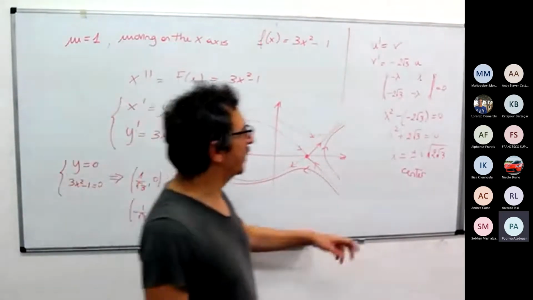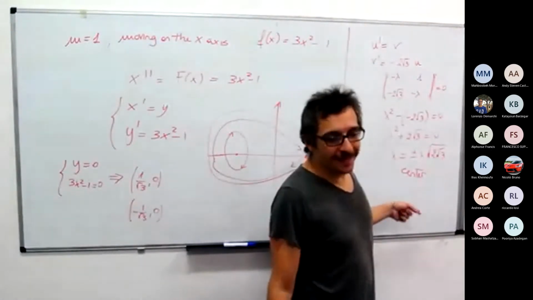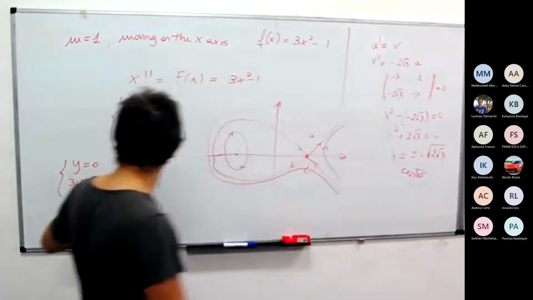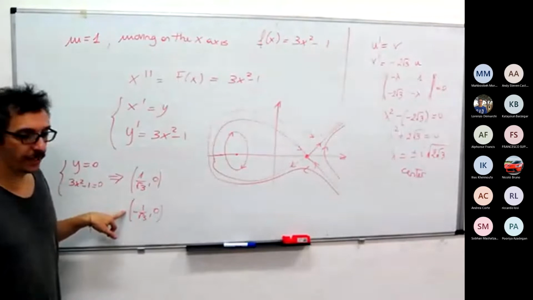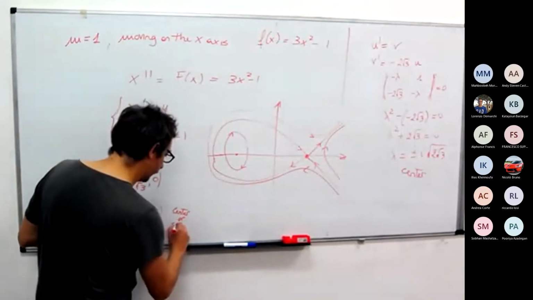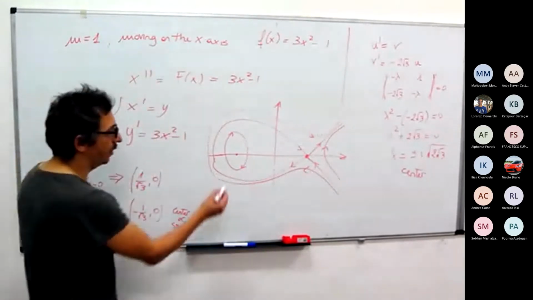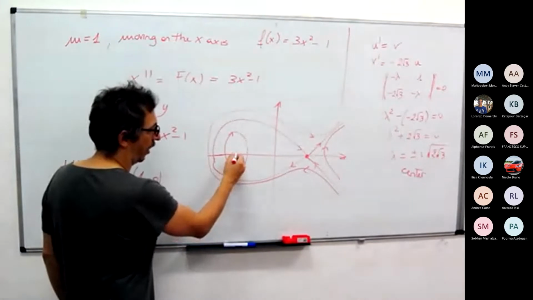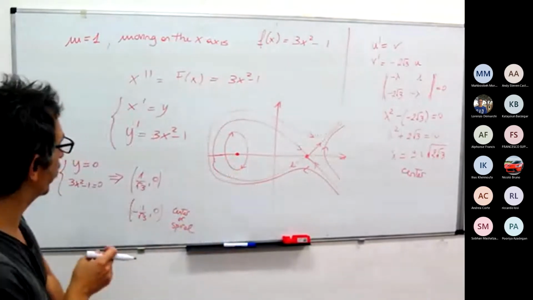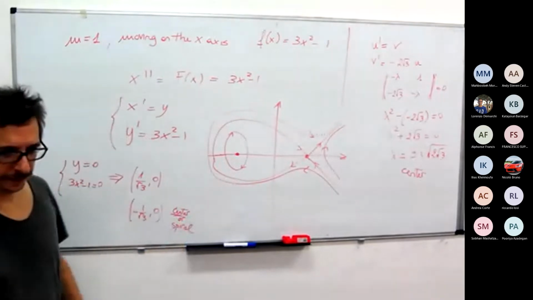The Poincare theorem does not tell me anything concrete in this case, but what I can say is that surely the critical point -1 over square root of 3, 0 either is a center or a spiral. And indeed, this is exactly what I found here, because this is the point -1 over square root of 3, 0, which is a center. So this is this option here.